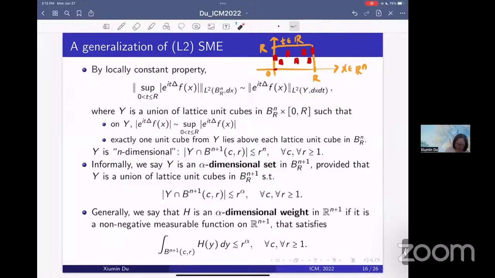Informally, we say that Y is an alpha-dimensional set if it is a union of lattice unit cubes satisfying that its intersection with any ball of radius R is bounded above by R to the alpha.